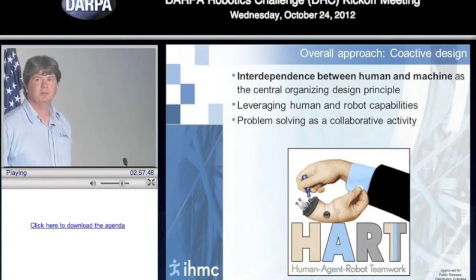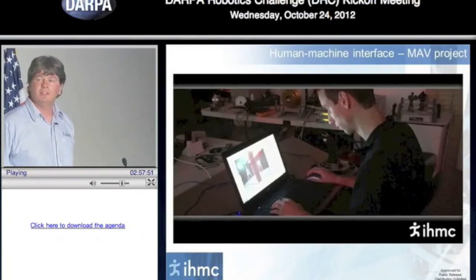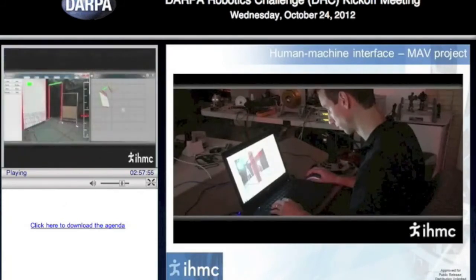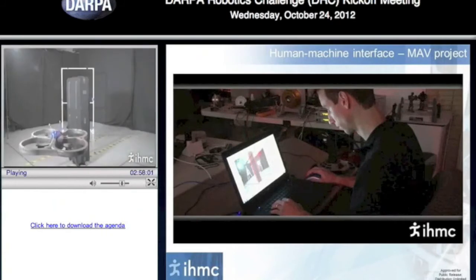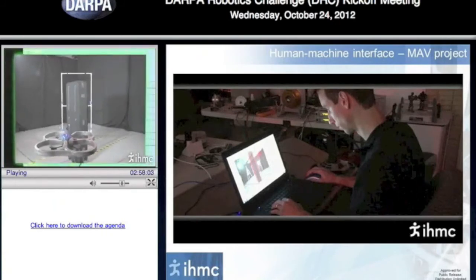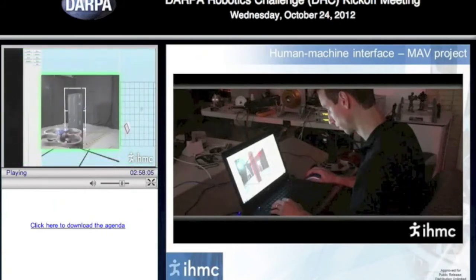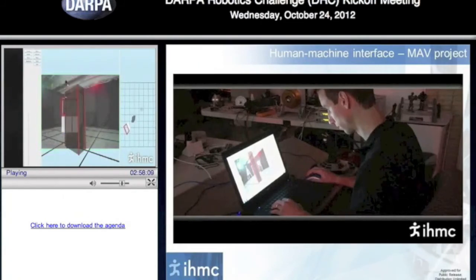If we click the next slide, I'll show an example of what we mean by this with a micro air vehicle system. This is a mixed reality display where a user can quickly model the robot, model the world, and get the robot to do things that it would have real trouble doing autonomously, by exploiting human cognition and human perception.